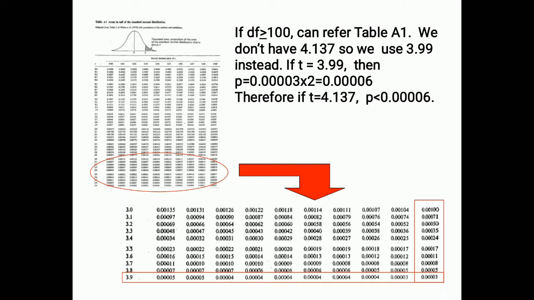Then p equals 0.00003, divided into 2, which means 0.00006. Therefore if t equals 4.137, it means p will be less than 0.00006.